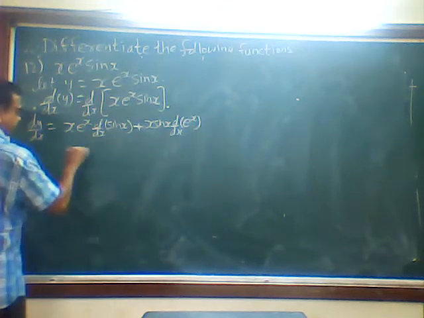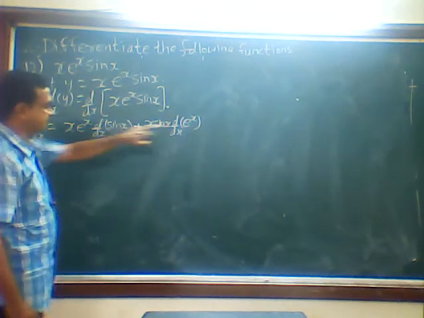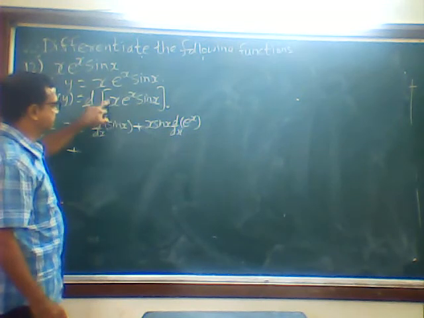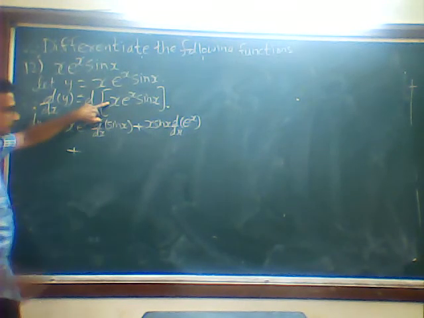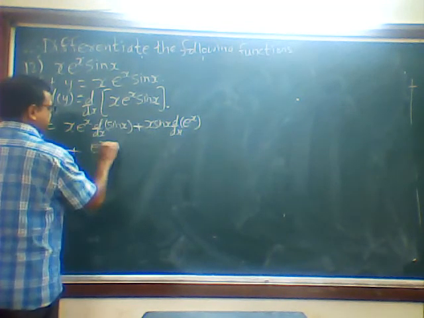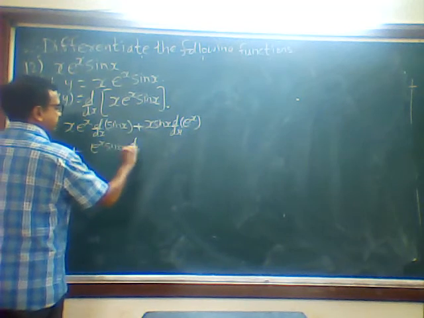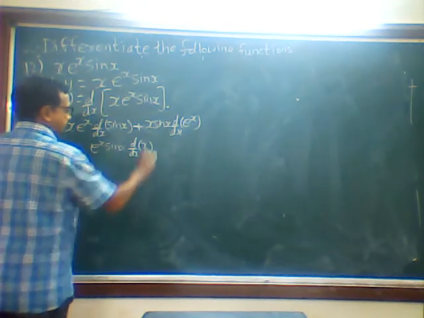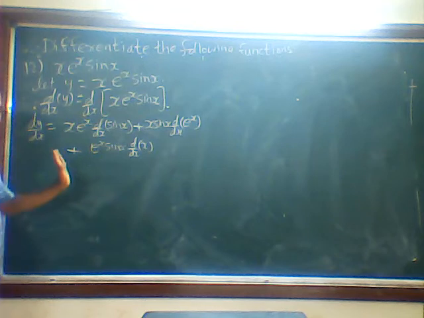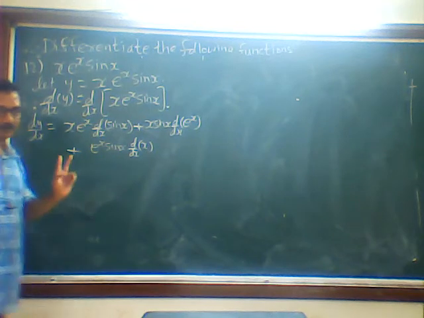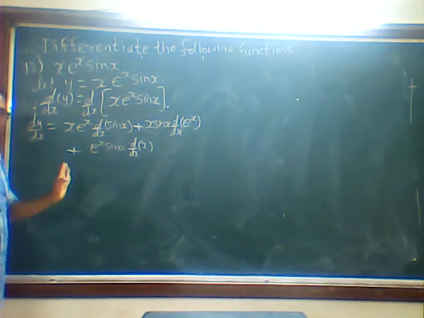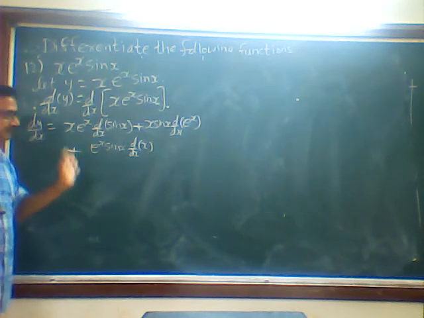Plus, here sin x, e raised to x, both are kept, the first term I will differentiate: e raised to x sin x as it is, d by dx of x. Got it? At a time, two things will remain as it is, the third one will be differentiated. That much you keep in a cyclic order.